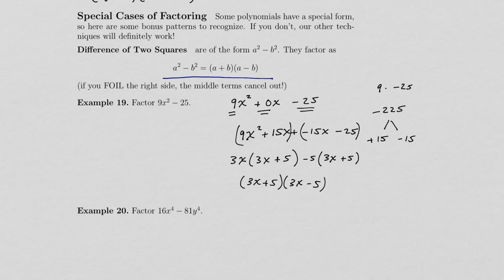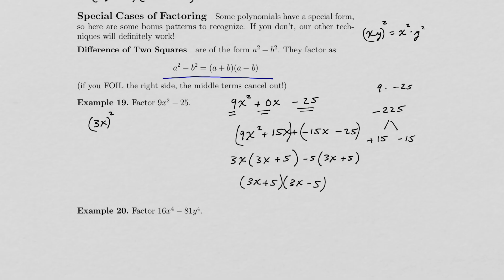So you could use our usual techniques, in this case, the AC method. But it's much quicker by using this special form, the difference of two squares. If you recognize that 9x squared is the same thing as 3x squared, again, to remind you of that, if I have x, y to a power, say 2, then this is the same thing as x squared times y squared.